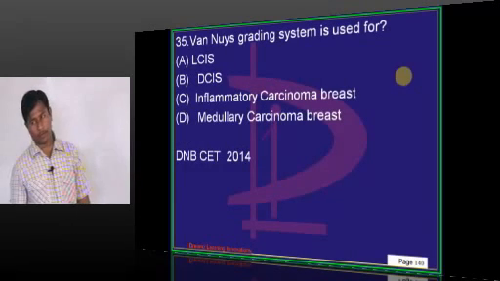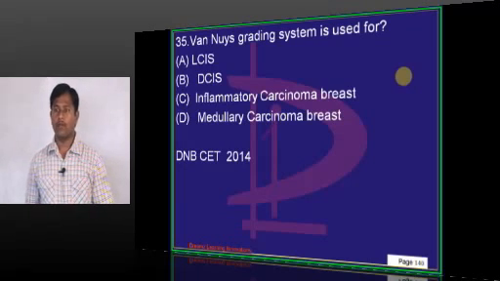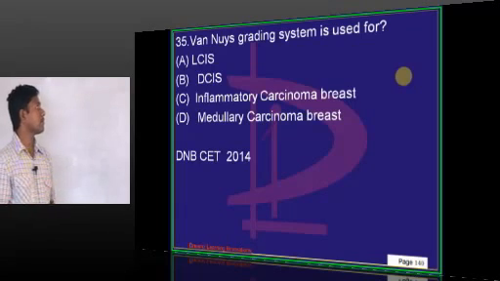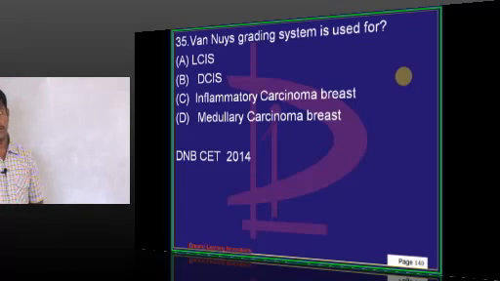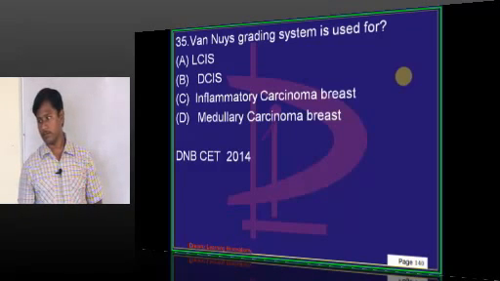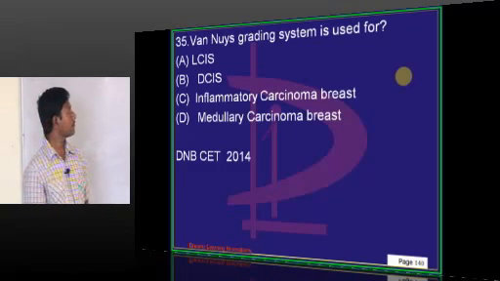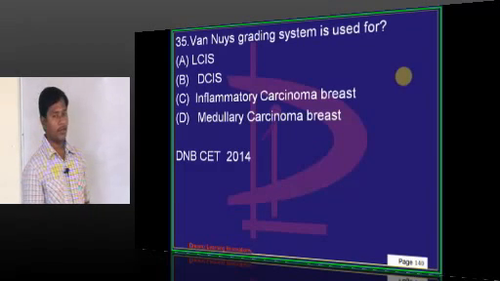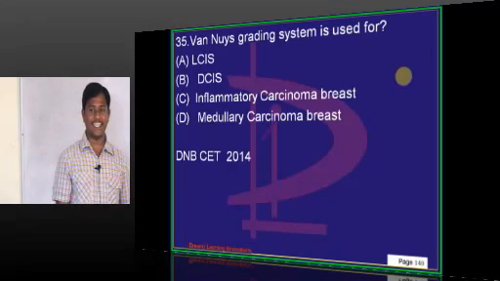Van Nuys grading system, one more important thing. Van Nuys grading system is used for LCIS, DCIS, inflammatory carcinoma of breast? Which CIS?